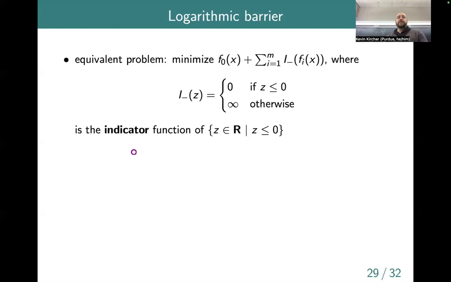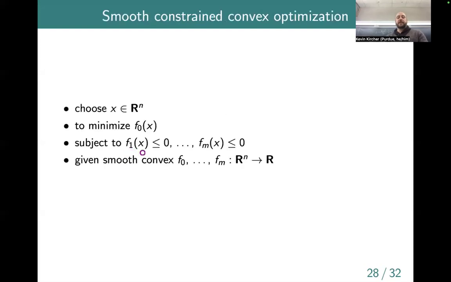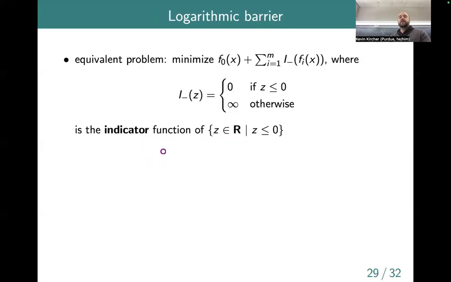Okay, so an equivalent way to formulate this problem here, which has all the constraints, is to transform it into an unconstrained problem where we basically penalize any deviation of fi above 0. And we do that using what's called the indicator function, which is a way basically just to move constraints up into the objective of an optimization problem.